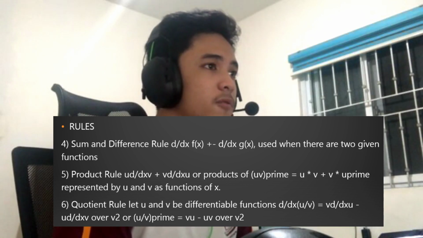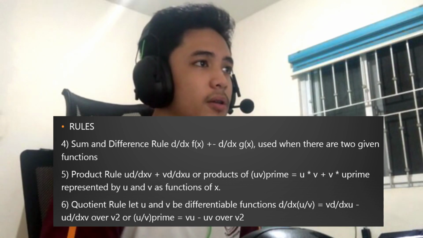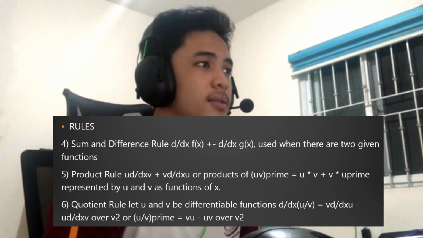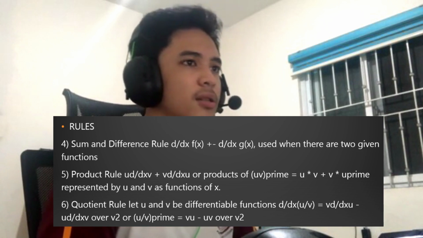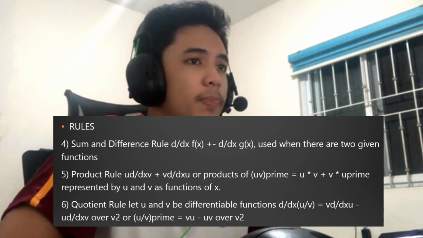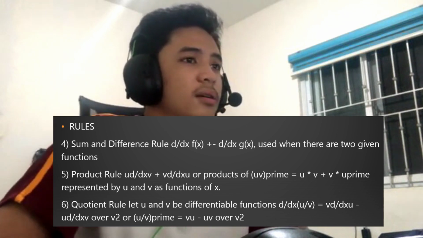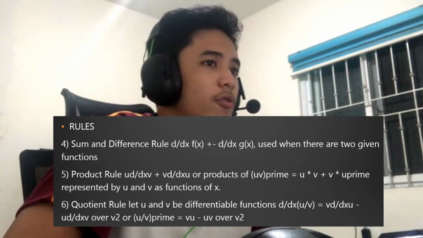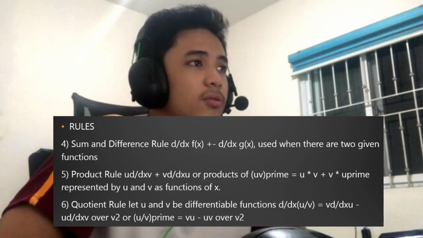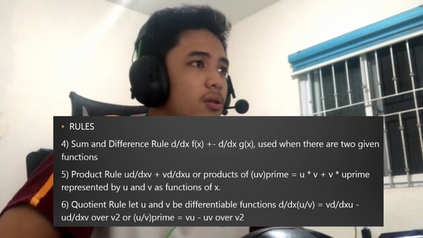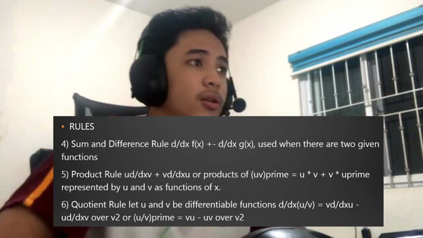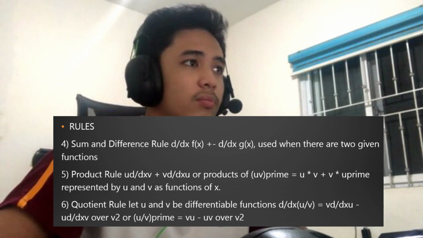Now, the 6 and 7 rules are part of the more advanced rules of differentiation. It's the product rule: u d over dx v plus v d over dx u. u and v are representations of functions that we're going to multiply.